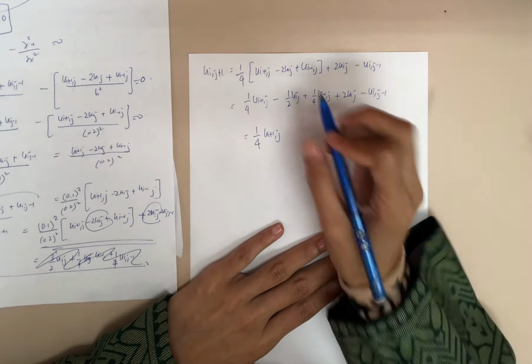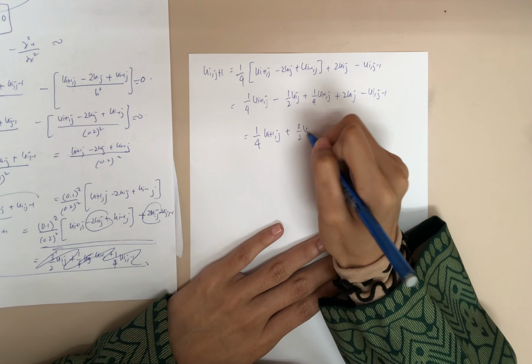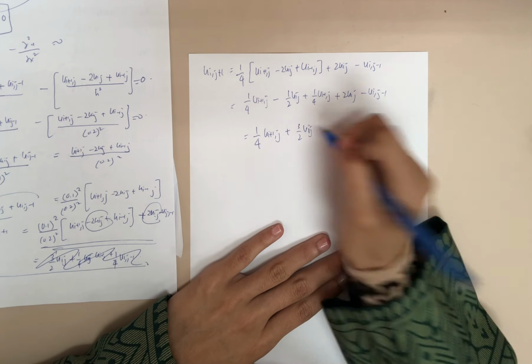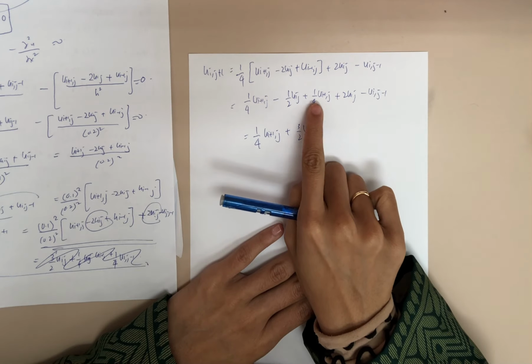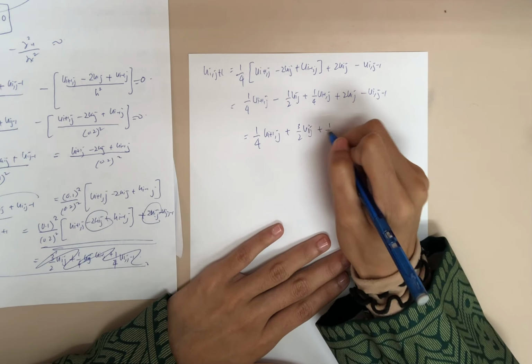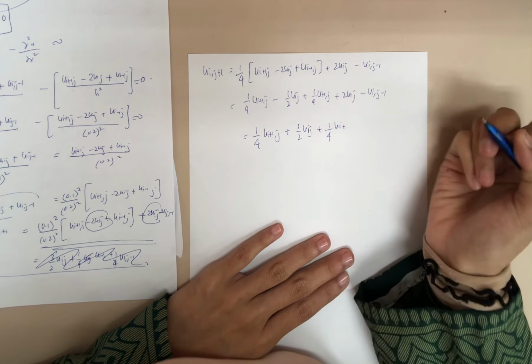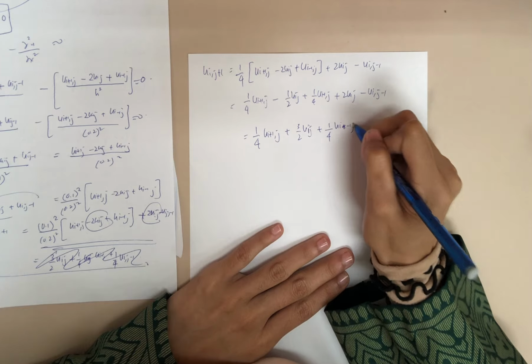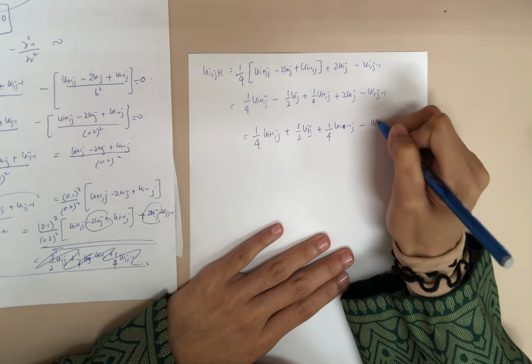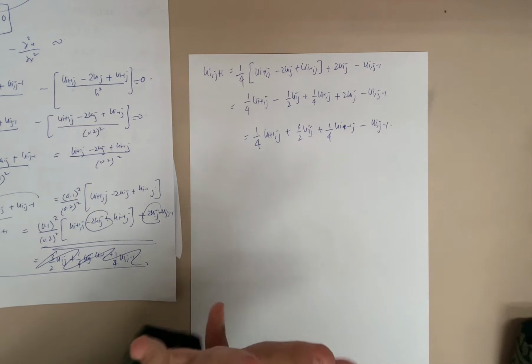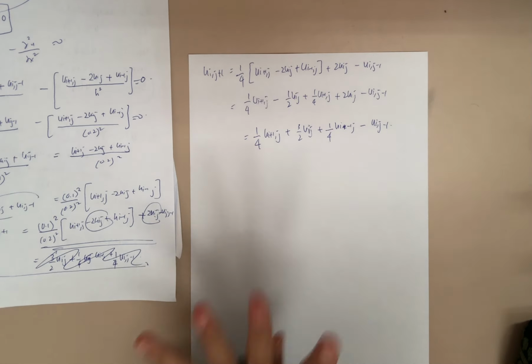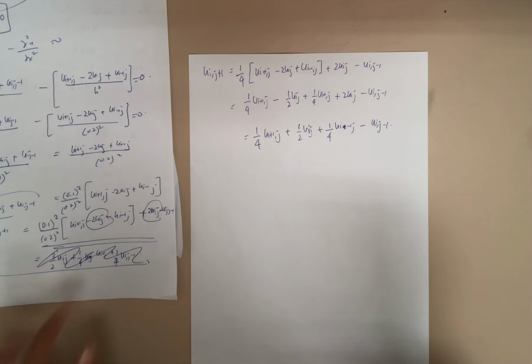So 3 over 2 u_{i,j}, and then this one is 1 over 4 u_{i-1,j}, and then u_{i,j-1}. So there should be 4 terms. Sorry class, I was wrong just now.